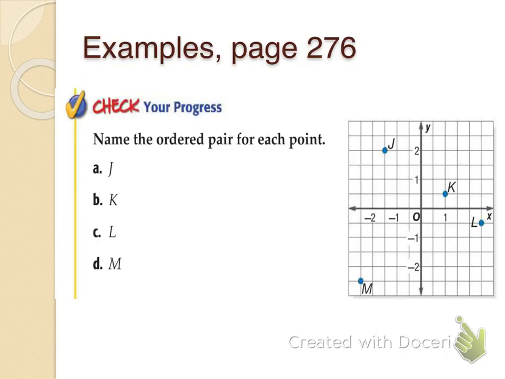Alright, on this, we want to name the ordered pair for each point. So J, that's looking right here at J. On our x-axis, which is the one horizontal, I see that it is at -1.5. Be careful, these are going by 0.5s. So -1.5.